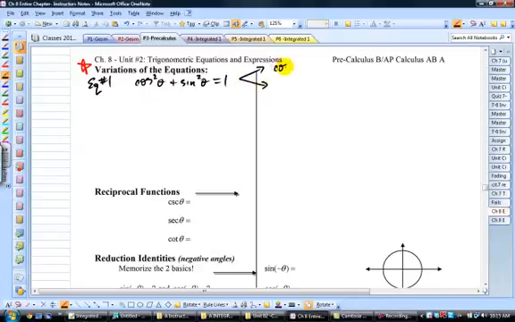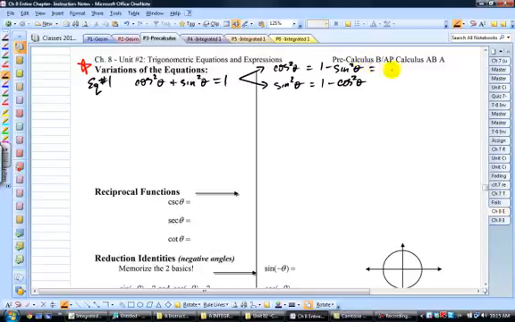So if I do, I get cosine squared theta is equal to 1 minus sine squared theta. Or if I want, I can isolate sine squared theta, and I get 1 minus the cosine squared theta. Those are 2 variations, and you're going to see these. In fact, these are difference of squares. 1 squared minus sine squared is the difference of squares.